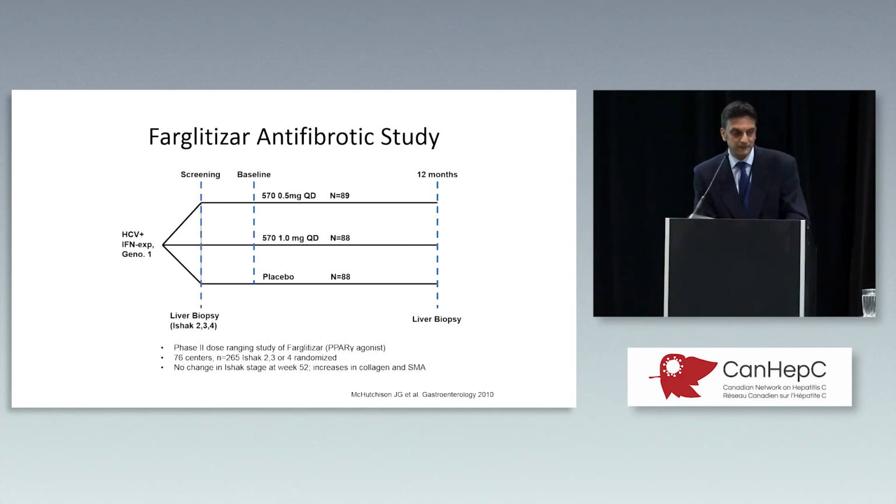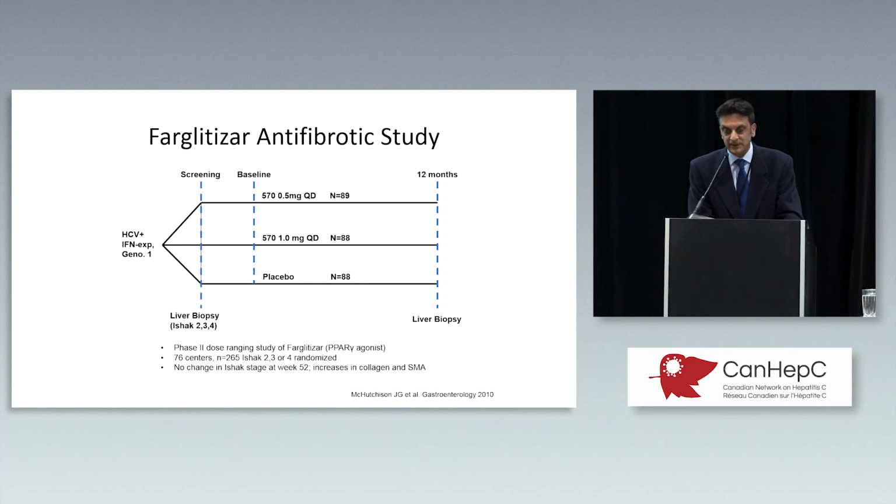And while I have a couple of minutes, this was the largest antifibrotic study prior to the NASH studies. This was a PPAR gamma agonist we undertook in Hep C non-responders with Ishak stages 2, 3, and 4, so the mild to moderate stages. And again, it was a negative study, but the idea was we got paired biopsies at obviously week 0 and then week 52.